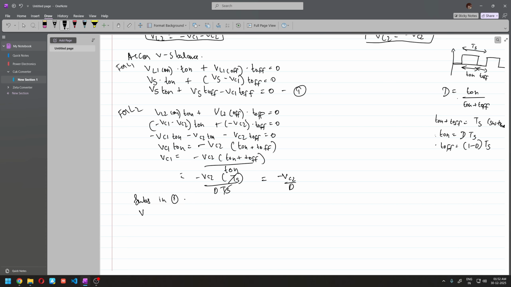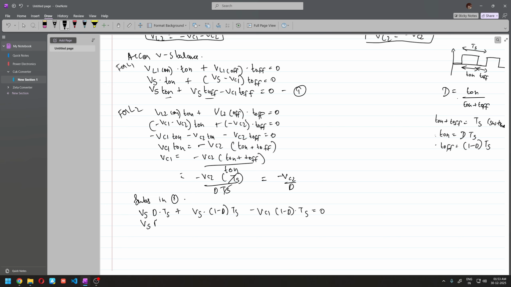So Vs, and for now I didn't write this in terms of D here. You can do that. So I'll just write it here now. T on is D times Ts plus Vs times 1 minus D times Ts, and Vc1 I'll substitute it later, which is again 1 minus D times Ts equal to 0. So now we can substitute it.